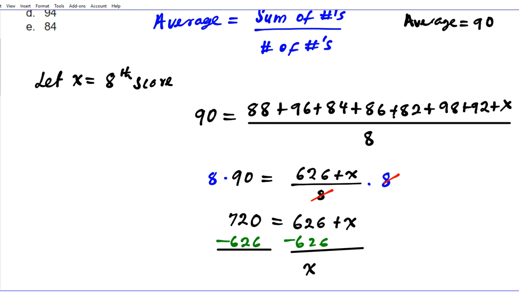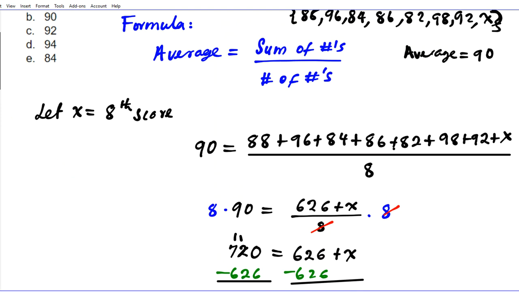Your final answer, x, is going to be equal to 720 minus 626. We borrow 1 here, you have 10 minus 6 is 4, and then you borrow another 1, 11 minus 2 is 9, so your answer is 94, D.